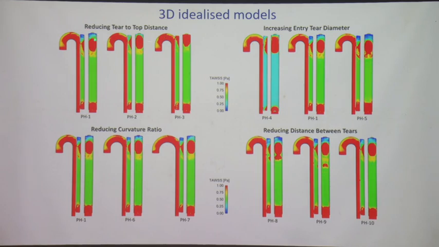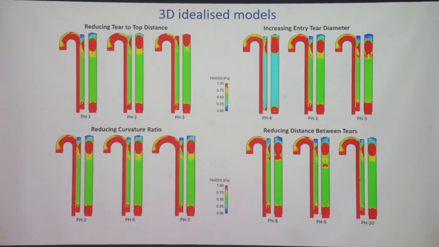Initially you have this much, and then as you bring this up, it disappears, and if it's further up, there is no region of low shear stress. What that means is that it is more unlikely for thrombus to form in the top of the false lumen if the primary tear is very close to the top.